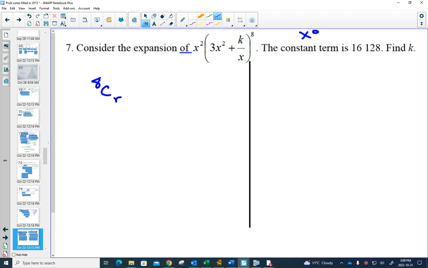Do you see we have this extra x squared in front? Oh, it's just enough to make some people just want to quit altogether. Okay? But think about it. If we want a constant term in the end to be this, does it make sense that if we look just at the expansion part, the hint is it would have to have an x squared on the bottom?